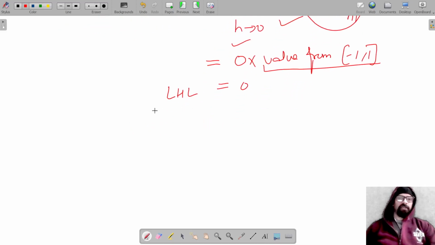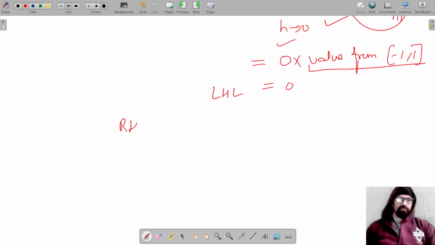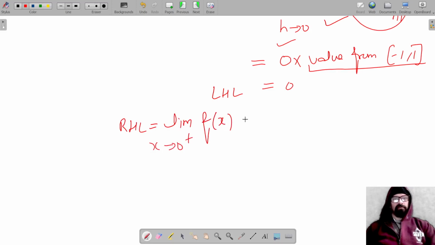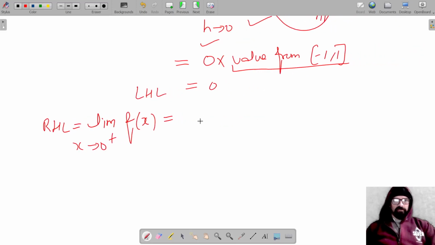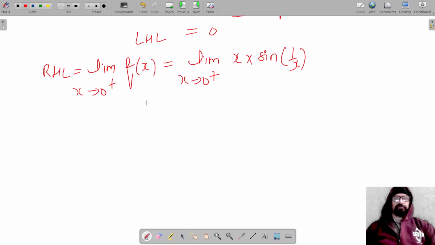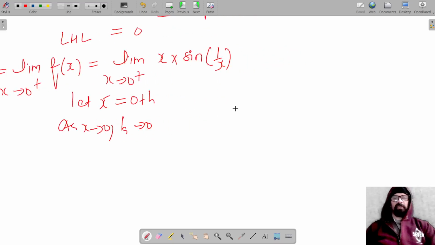Now let's find out the right hand limit. So right hand limit will be written as limit x tends to 0 plus, put in the value of the function when x is not 0, this is x into sine of 1 by x. And let's suppose x is a small value h greater than 0, and when x tends to 0, h tends to 0.